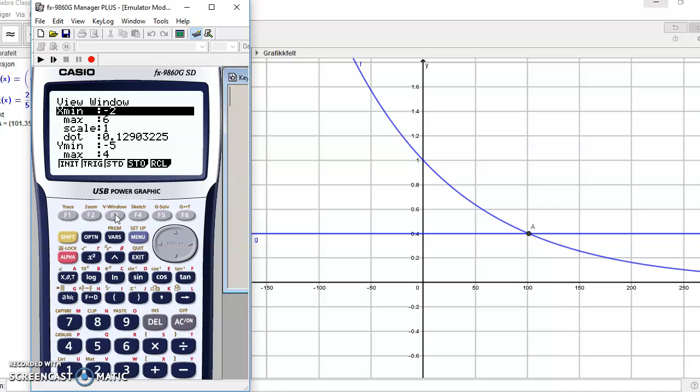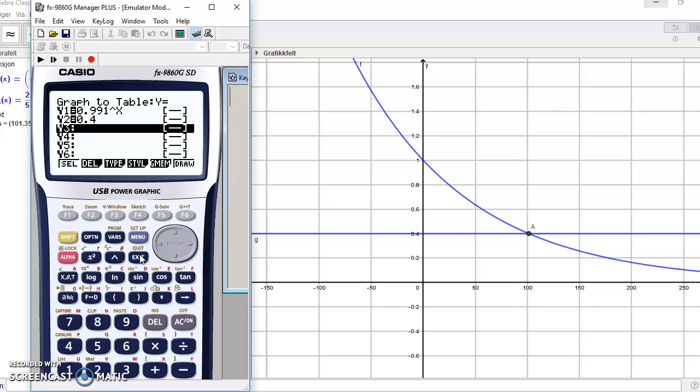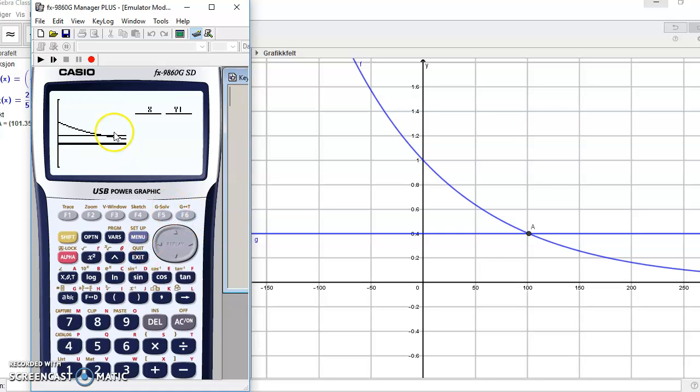So I'm going to set my minimum x to -1 and the maximum x to 150, and minimum y to -1 and maximum y to 2. Okay, and let's try to draw it again, and now it looks a bit different.